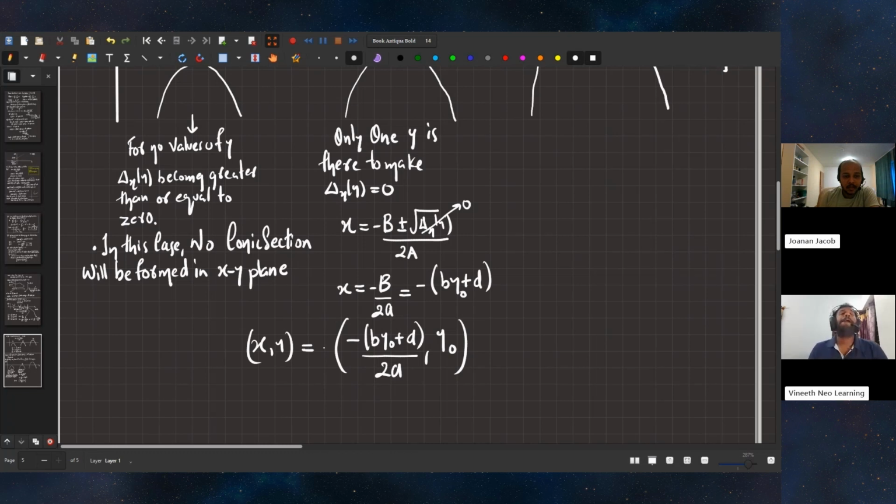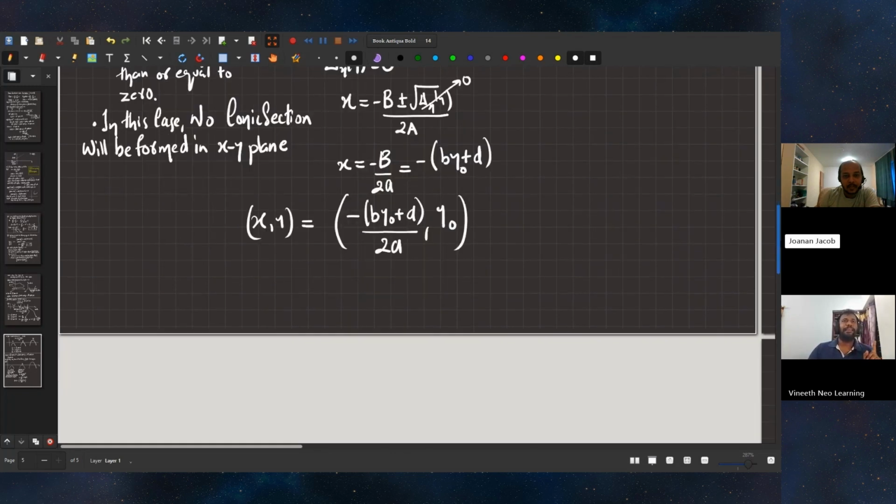So this corresponds to a single point. Our conic section is a single point.